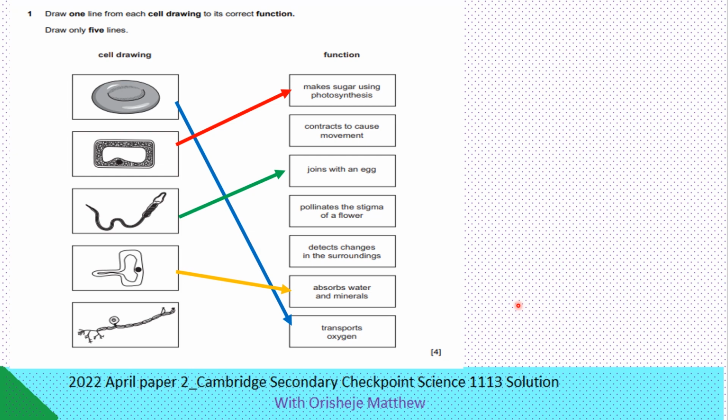Then last we have the nerve cell. Nerve cell detects changes in the surrounding of the cell. To pollinate the stigma of a flower, you need anther, that is a pollen grain, but pollen grain is not here.